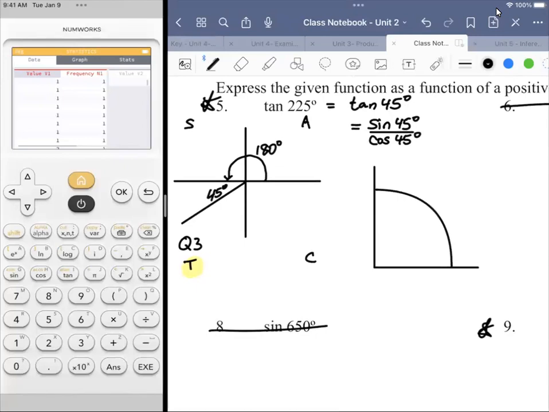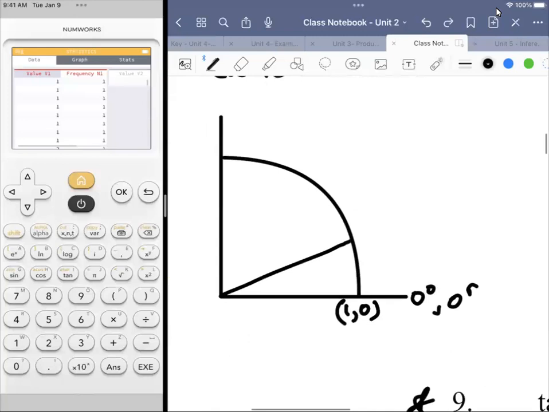Okay. So we have (1, 0). That's at 0 degrees, 0 radians. Now, of course, I wanted to screw that up. Let me get it in there. Going to draw 3 line segments for our special angles. All right. So this is (√3/2, 1/2).